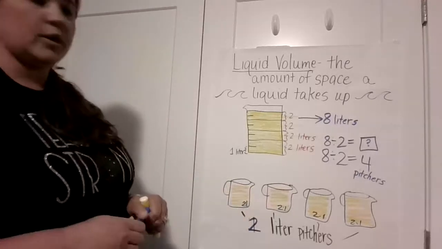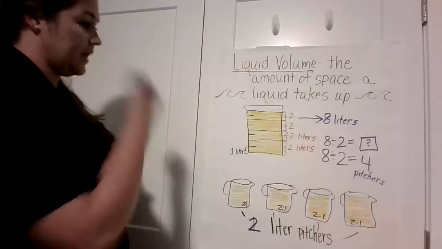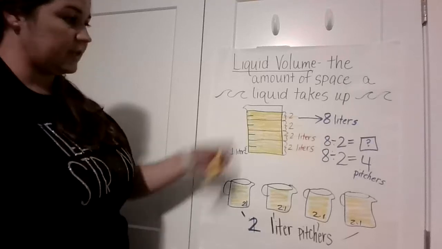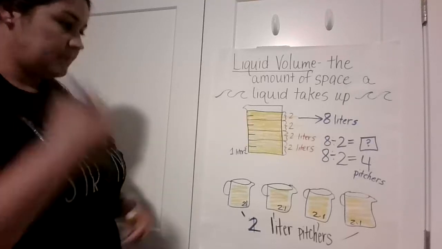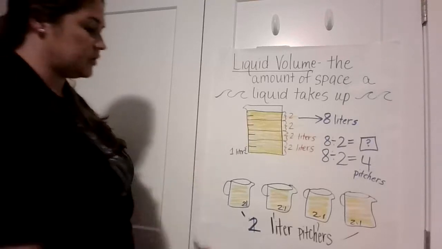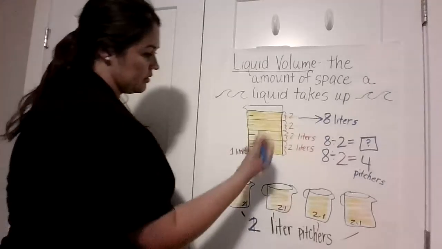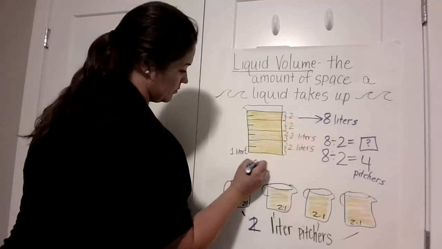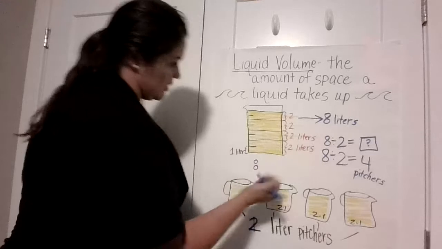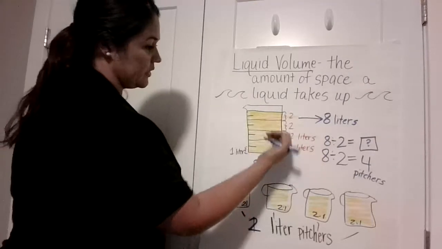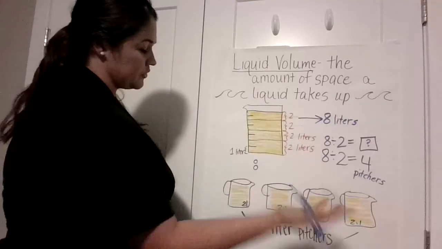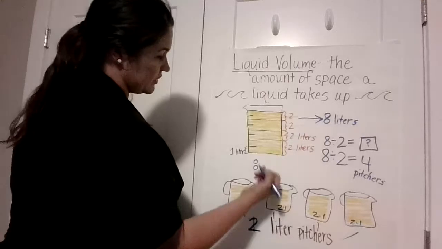Some of you were asking about grouping. We know that there are 8 liters, and that each one equals 2. You could have literally drawn an array. There's 2 liters in each group, and the pitchers each equal 2. So you can do this until you count to 8.